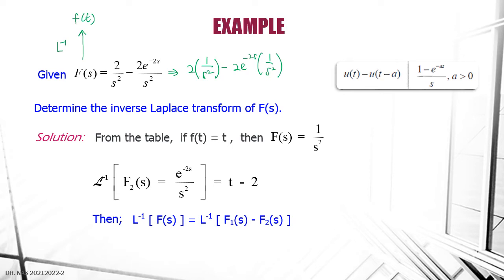You may notice that when you have s to the power of 2, from the table it's supposed to be t to the power of n u(t), and in S domain it will be n factorial divided by s to the power of n plus 1. Compared to the one you have, 1 over s to the power of 2 is 1 plus 1, so you know your n equal to 1 in this case.